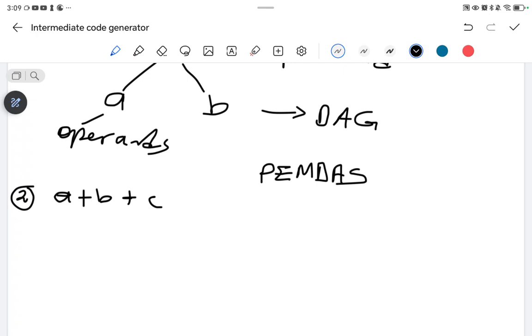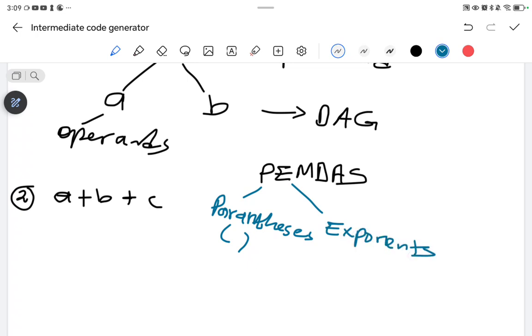I'm going to describe this. P stands for parenthesis, which are brackets. E stands for exponents, for example x squared. M stands for multiplication, which is this star.